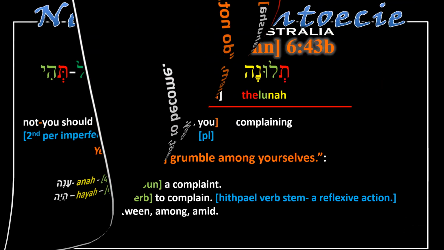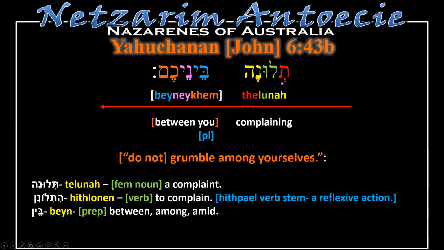And so we turn to part B of 43. We have a tav, lamed, vav, nun, hey, bet, yod, nun, yod, kaf, mem sofit. And we read it. Teluna. Teluna, complaining. So where do we get that from? It comes from teluna down here.